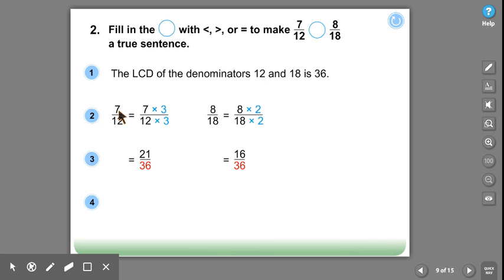So 7/12 ends up equal to 21 over 36, and 8/18 equals 16 over 36. So now you can see they have the same denominators, and all you have to do now is compare the numerators. So since 21 is greater than 16, 7/12 is greater than 8/18.